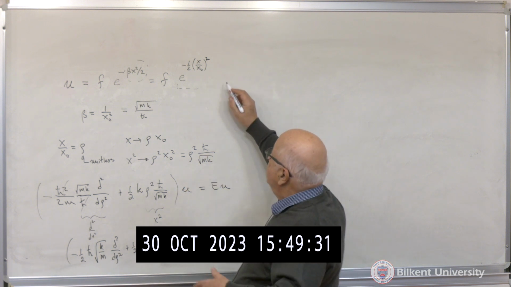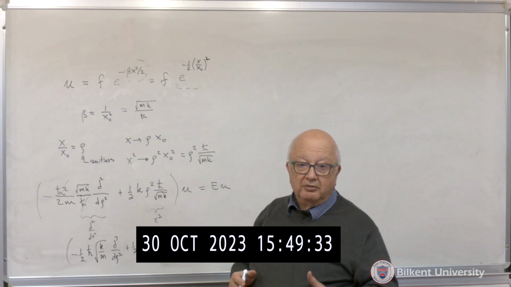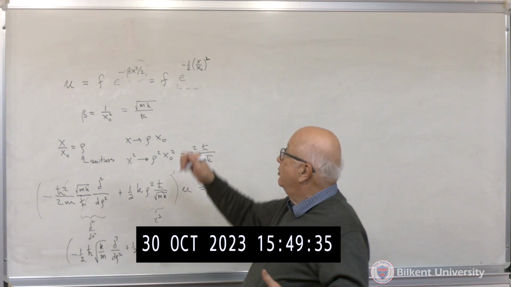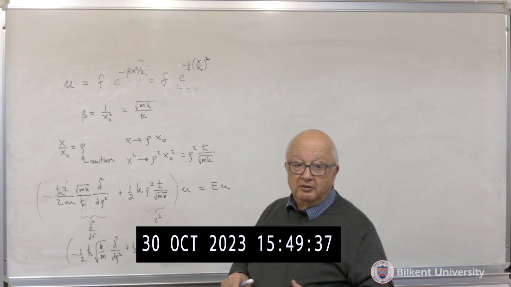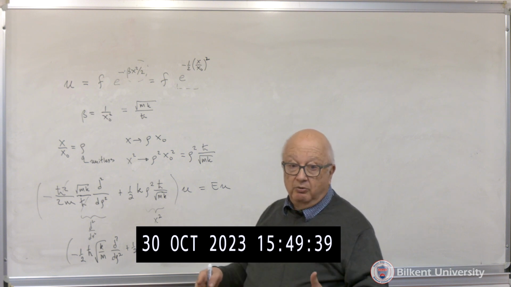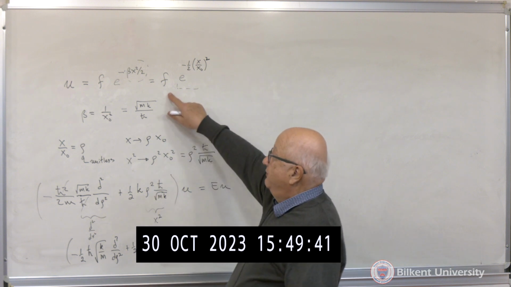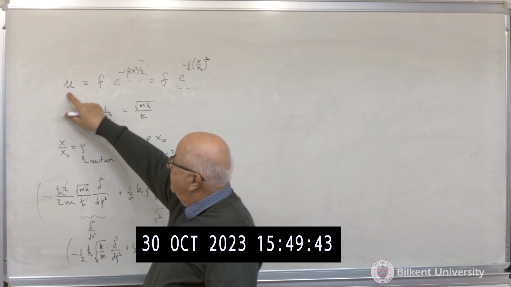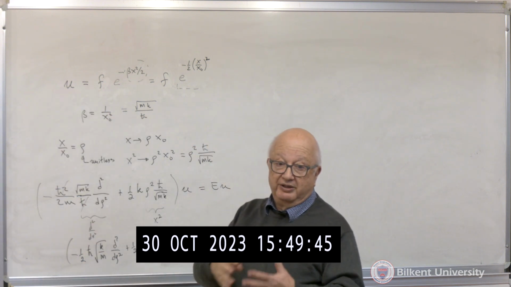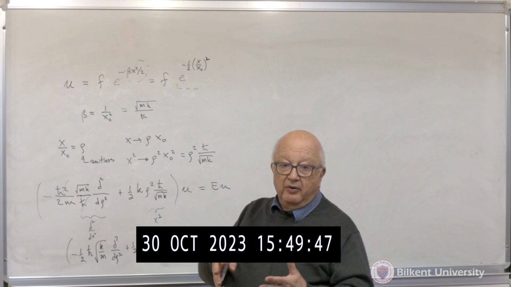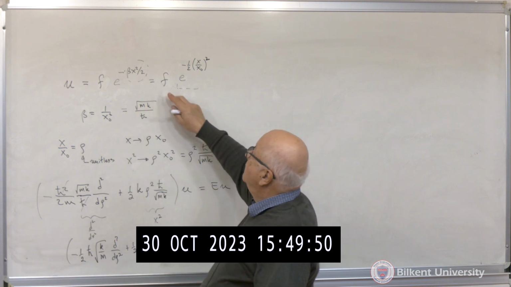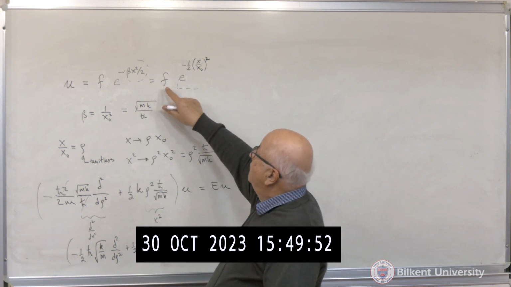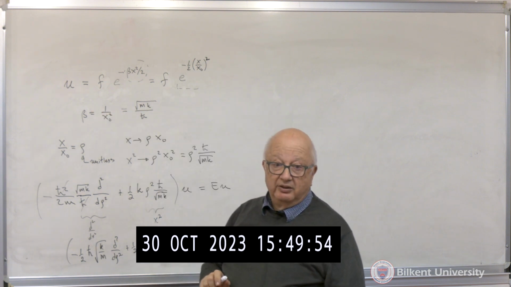I can multiply this also by sine x if I like. It will still be a solution as long as I can find f. So the problem is now transferred into finding what f is. Instead of trying to find what u is exactly directly, I am now trying to find this f, which will make this u exact.